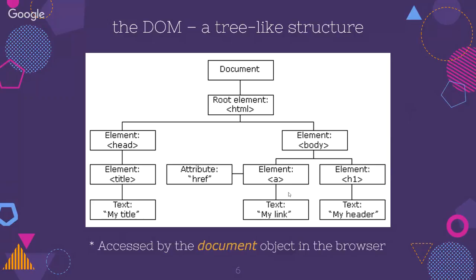The body tag then branches out more and more as the HTML structure of our website grows more complex. So here we just have a simple anchor tag, a link, and an H1, which is essentially a big header that contains a bit of text.